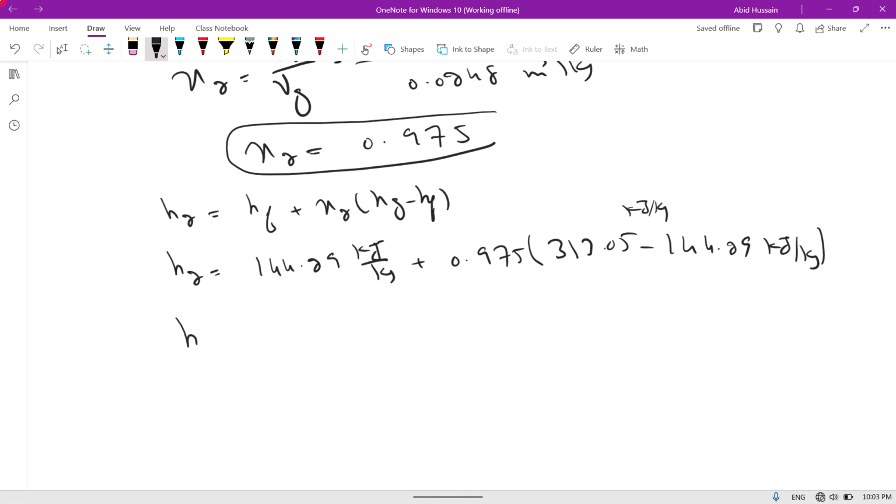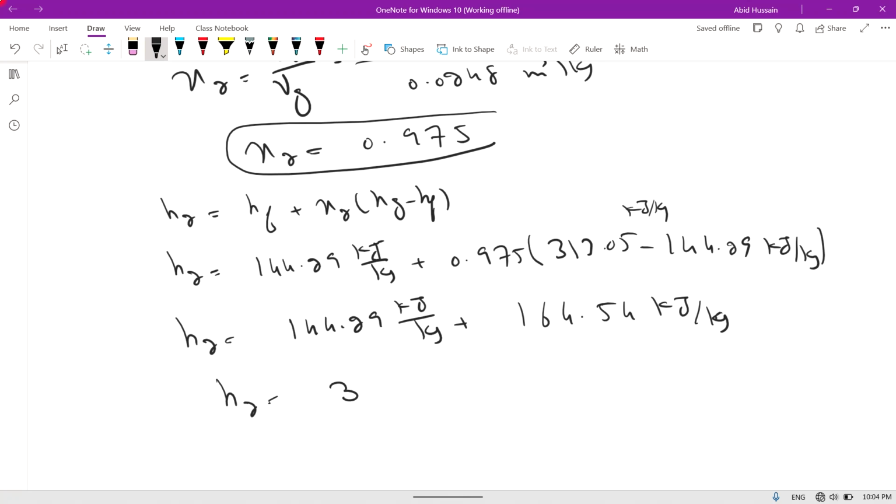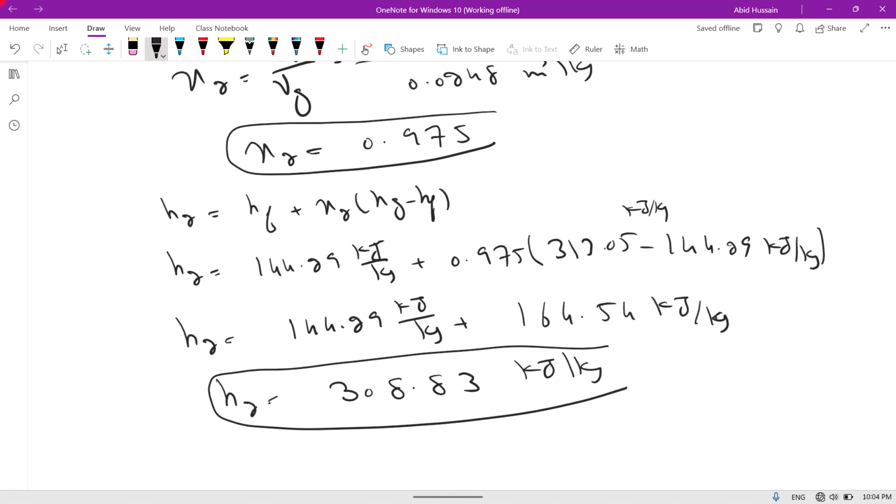Now simplify this. h2 is equal to 144.29 kilojoule per kg plus 313.05 minus 144.29 multiplied by 0.975. So this is equal to 164.54 kilojoule per kg. Adding these two values, h2 is equal to 308.83 kilojoule per kg. Now we are finding u2.